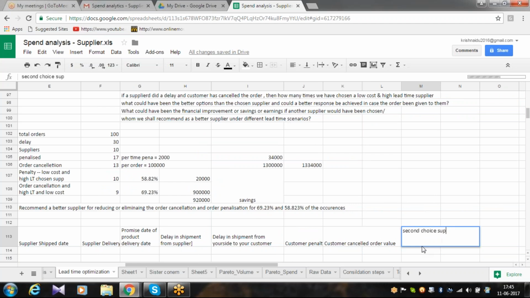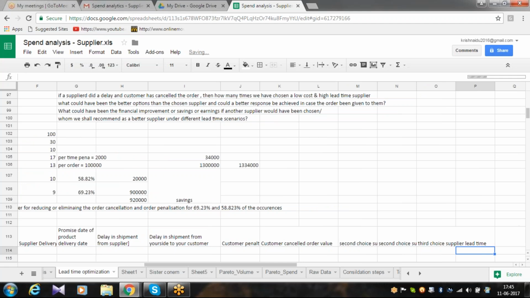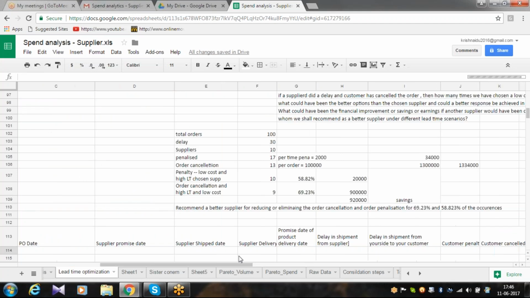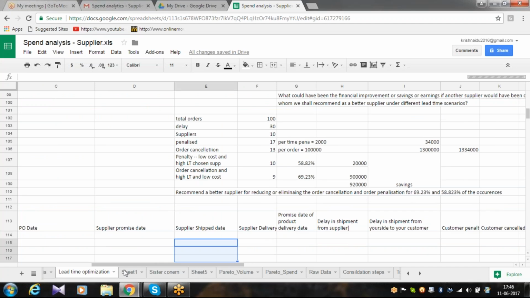Second choice supplier lead time. Second choice supplier cost. Similarly, third choice. Second choice price, because we have given the order already to the first choice. Third choice supplier lead time. Then third choice supplier cost. If you can capture this data from the system of your existing company, then you are good enough to do some lead time optimization.